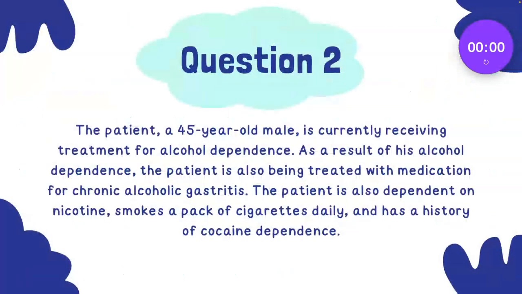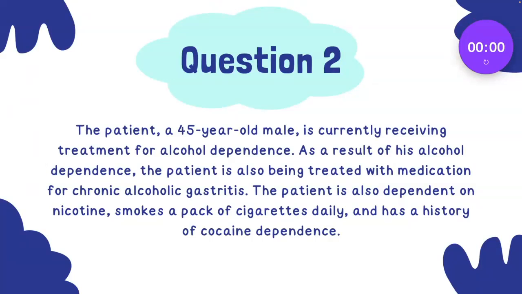Next, a 45-year-old male is currently receiving treatment for alcohol dependence. And as a result of his alcohol dependence, the patient is also being treated with medication for chronic alcoholic gastritis. The patient is also dependent on nicotine, smokes a pack of cigarettes daily, and has a history of cocaine dependence.